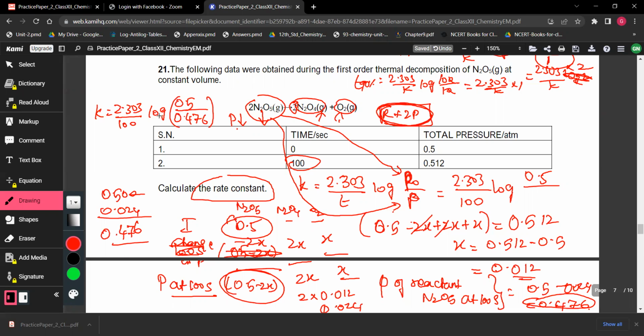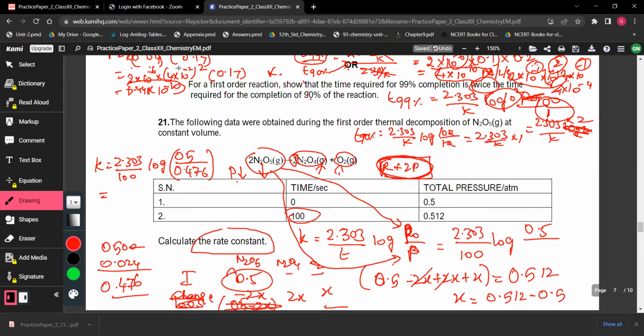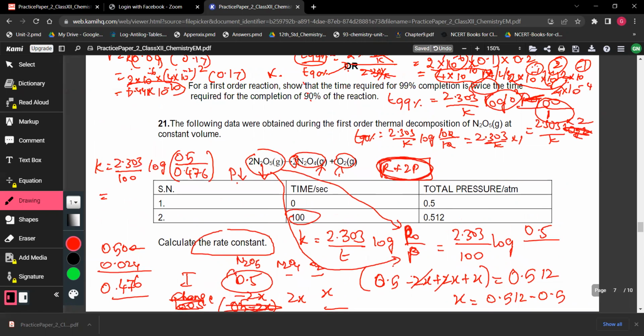Take the log value of this ratio and multiply by this. 0.5 by 0.476 is 1.05. So this ratio is coming 1.05. Now we find log of 1.05. It will come 0.005.